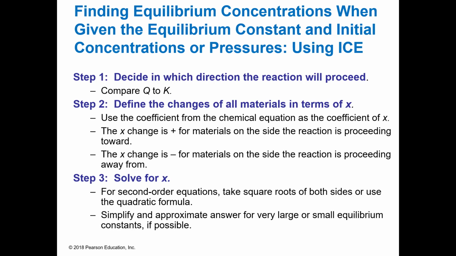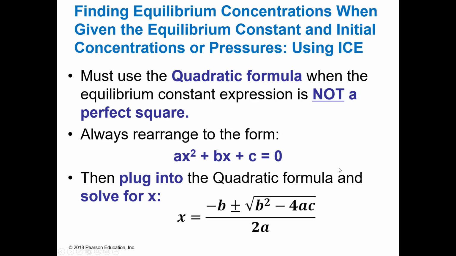In this section, we're only going to do the square roots, because we're going to have perfect squares in these first examples, and I'll show you how to figure that out. And then you're going to simplify, obviously.